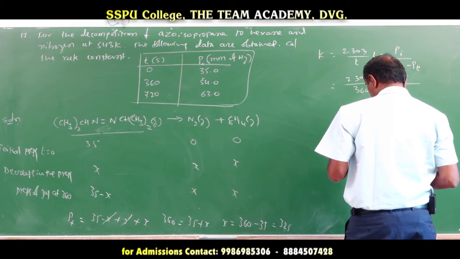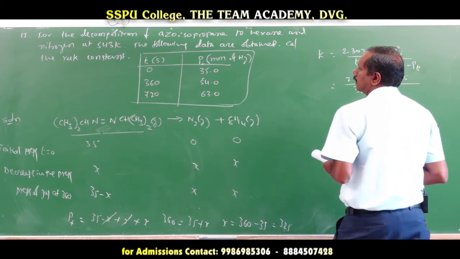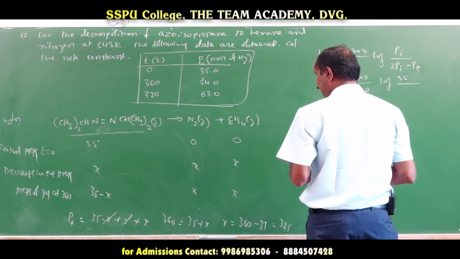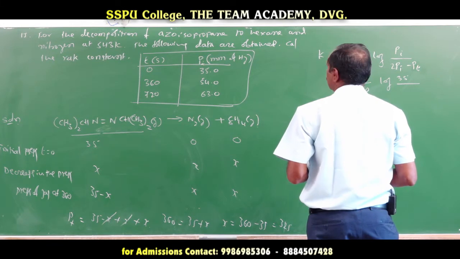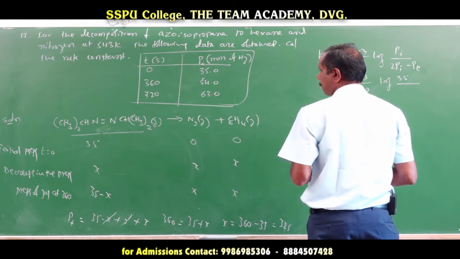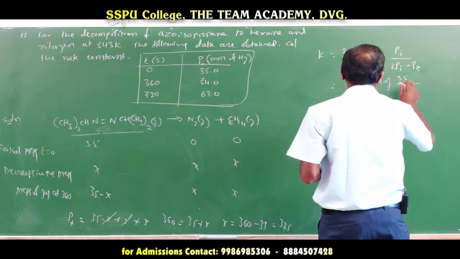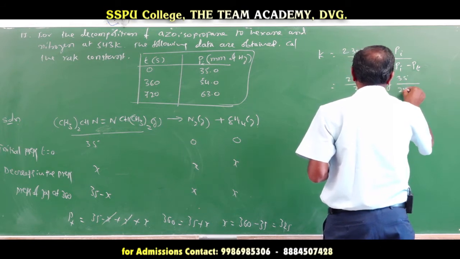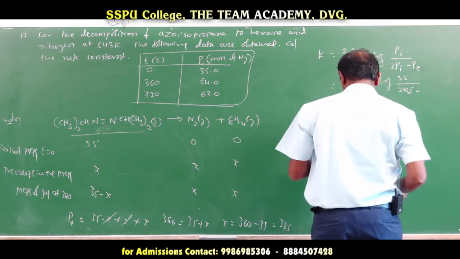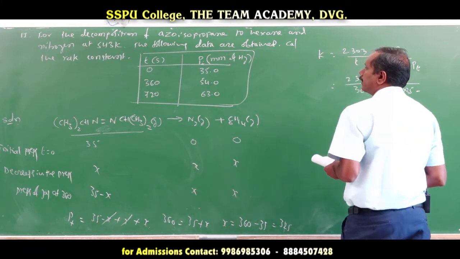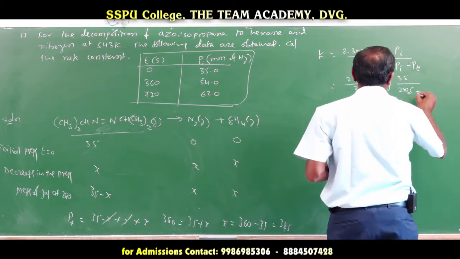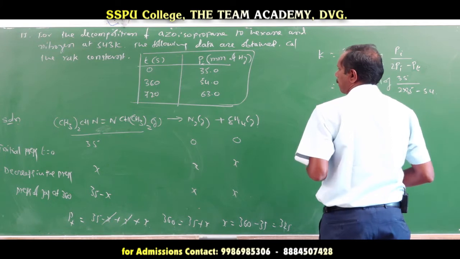2 Pi, that value becomes 70. 2 into Pi means 2 into 35 minus PT. That PT value becomes 54.